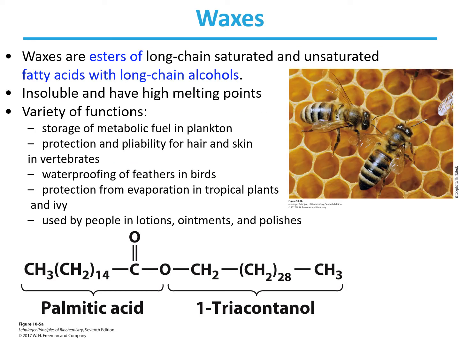Here is a slide on waxes. This is not part of the curriculum, but these are also important lipids to hear about. They are esters of fatty acids. There is an example here, so you can see this is a palmitic acid that's esterified with a long chain alcohol, which is called 1-triacontanol.